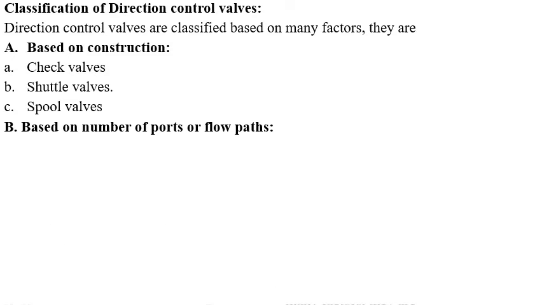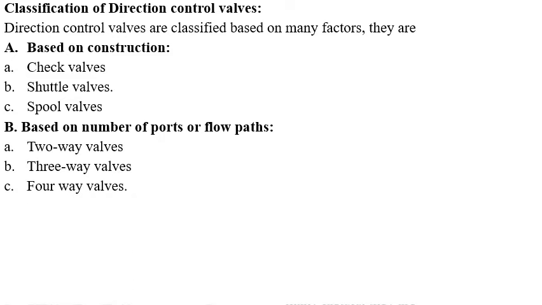The second one is based on the number of ports, or number of flow paths, or number of ways. Here there are three types: two-way valves or two-port valves, three-way valves or three-port valves, and four-way valves or four-port valves.